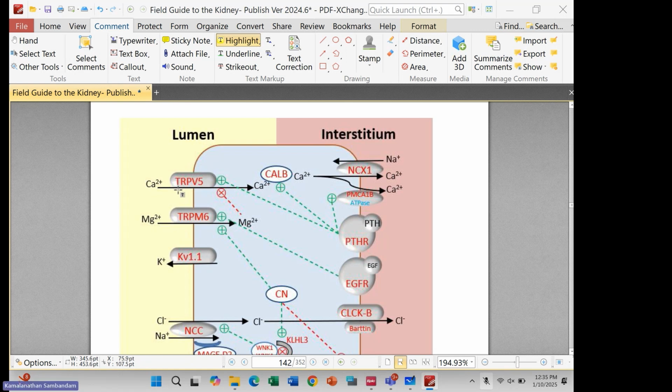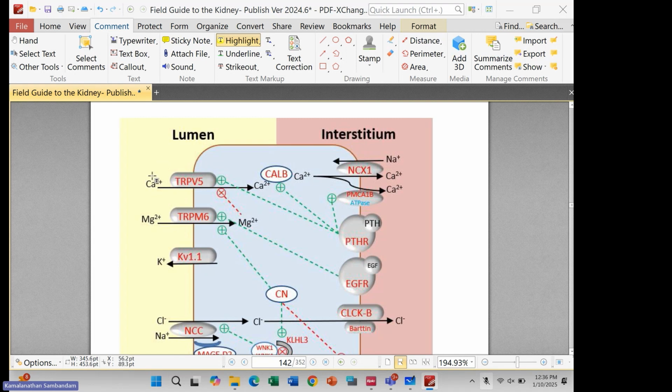Now that rationale doesn't fully translate because there are defects in basolateral transport of magnesium that have been described as DCT defects in magnesium reclamation. And so you would predict that intracellular magnesium concentrations in that scenario are not terribly low.